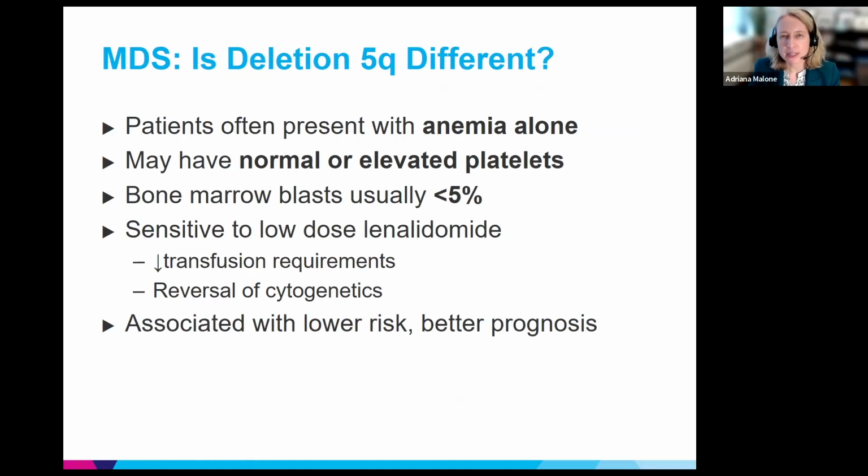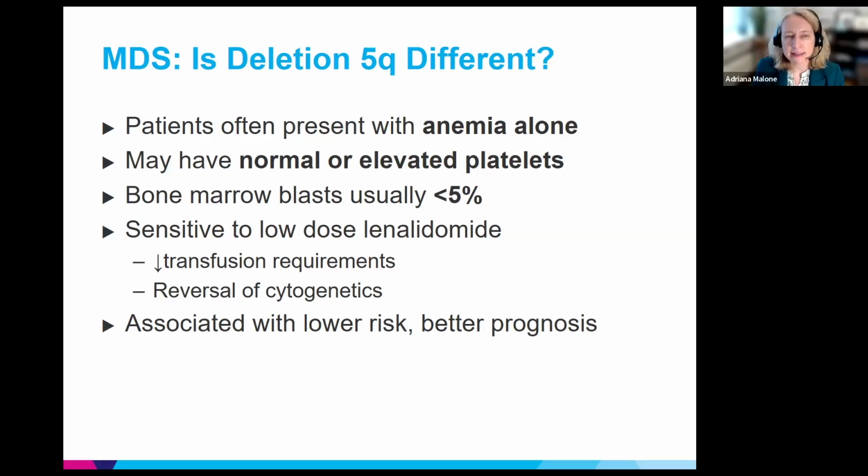So our patient has MDS with a deletion 5q. This is a somewhat separate entity and has a more favorable outcome than other patients with MDS, where patients may present with anemia alone, may have normal or elevated platelets at diagnosis, and typically present with a low bone marrow blast count, usually less than 5%.